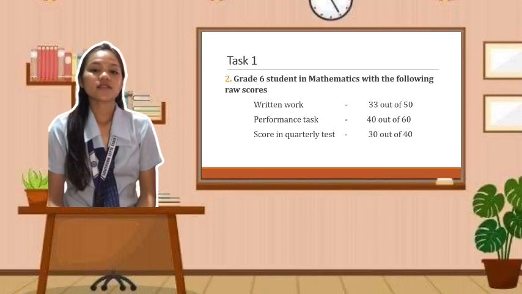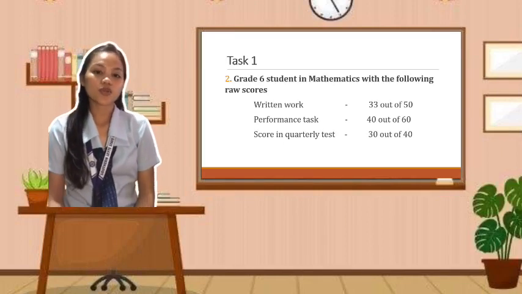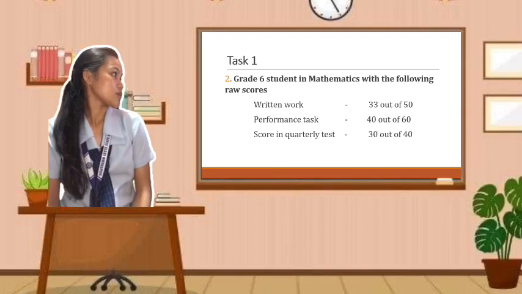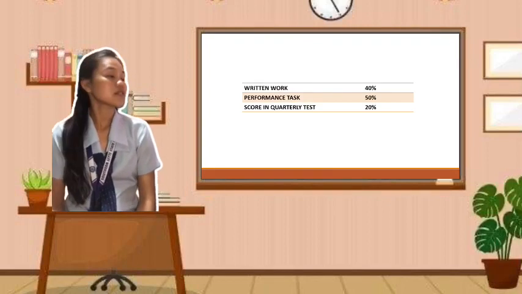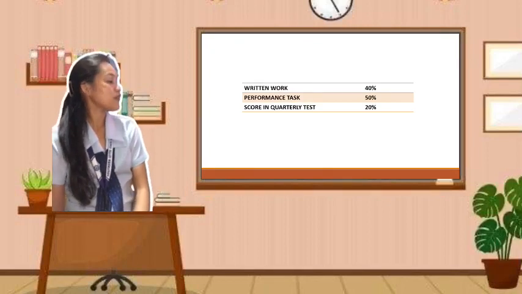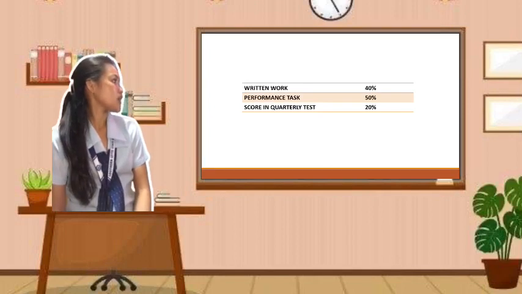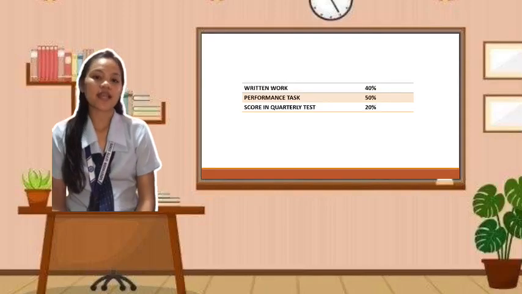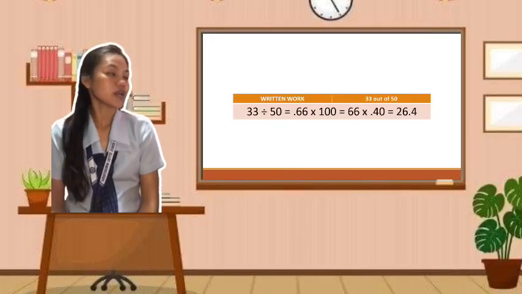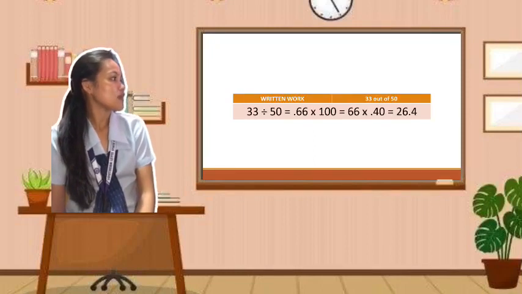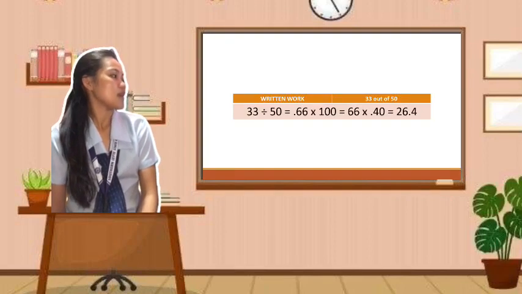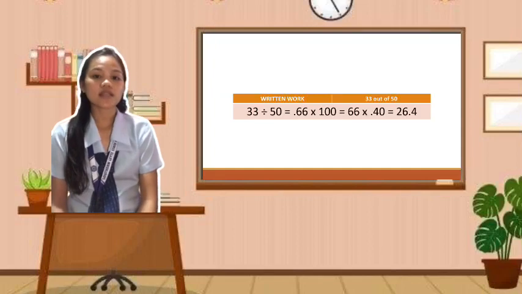So here are the grade 6 mathematics student raw scores. For written work we have 40%, for performance task we have 50%, and for the quarterly test we have 20%. To get the written work, we compute 33 divided by 50 is equivalent to 0.66 times 100 is equivalent to 66 times 0.40%, which is equivalent to 26.4.